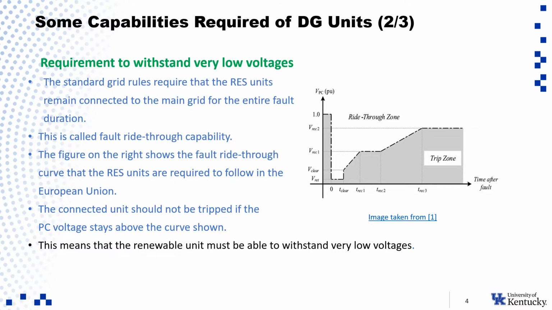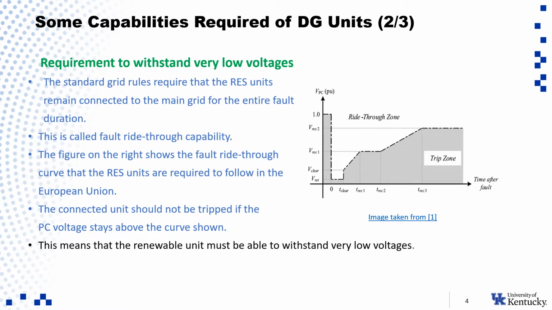Okay, requirement to withstand very low voltages. Now, the standard grid rules require that the RES units remain connected to the main grid for the entire fault duration. This is known as fault ride-through capability. The figure on the right-hand side shows a fault ride-through curve that RES units are required to follow in the European Union.